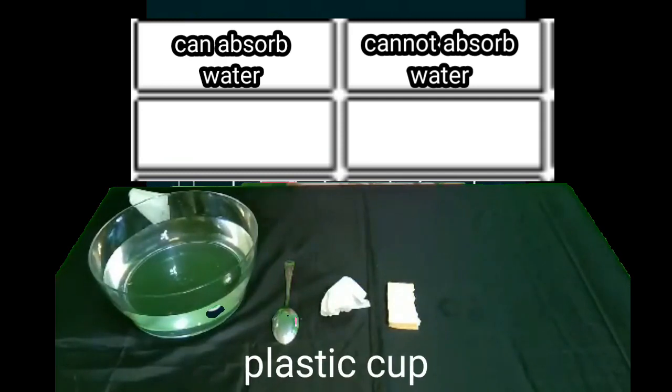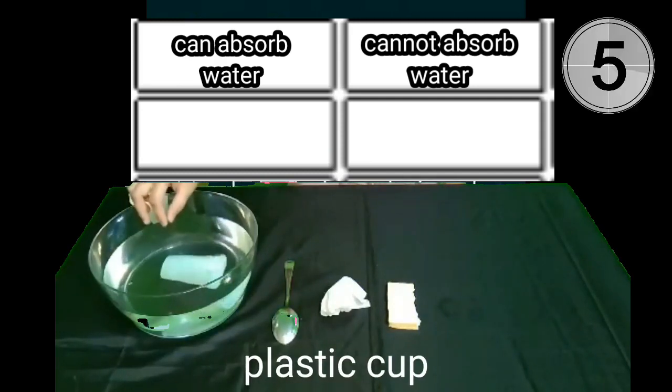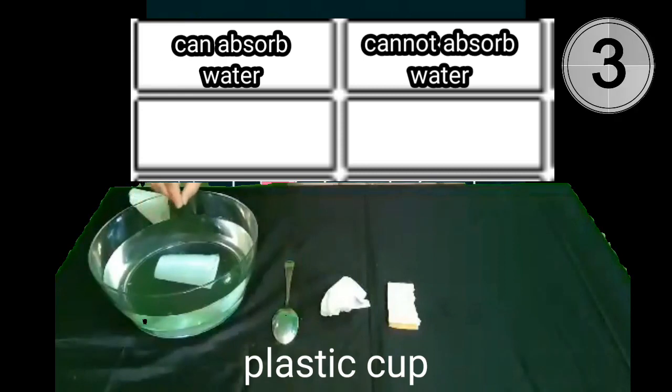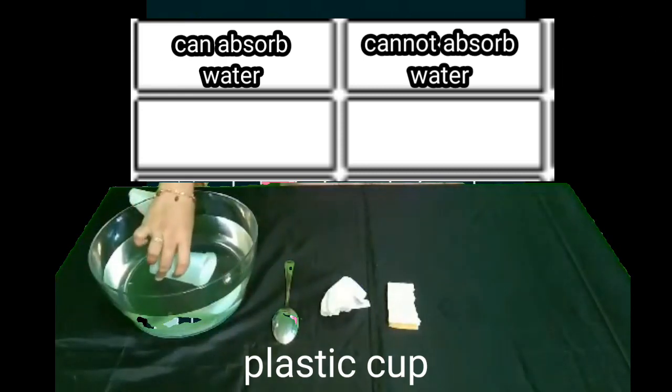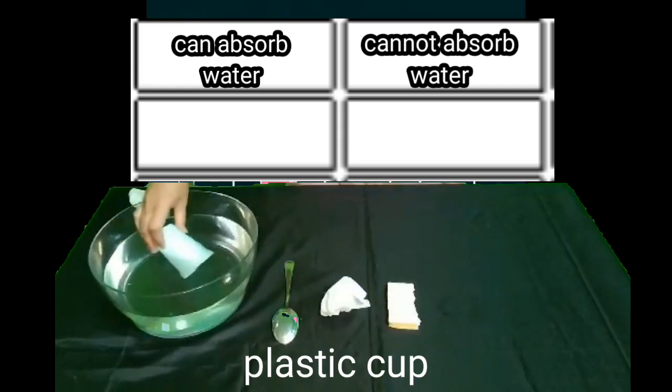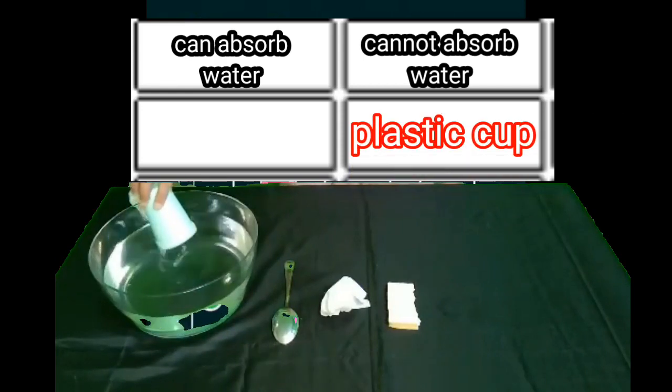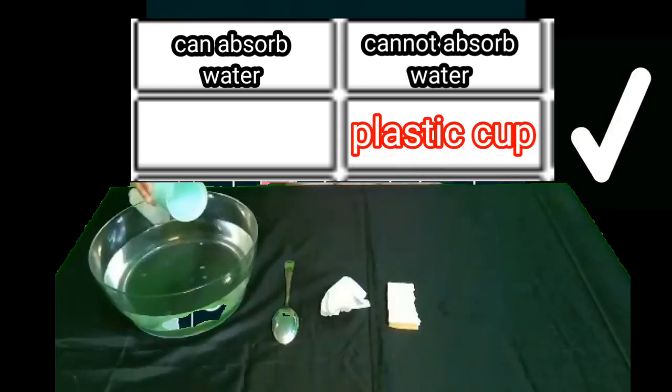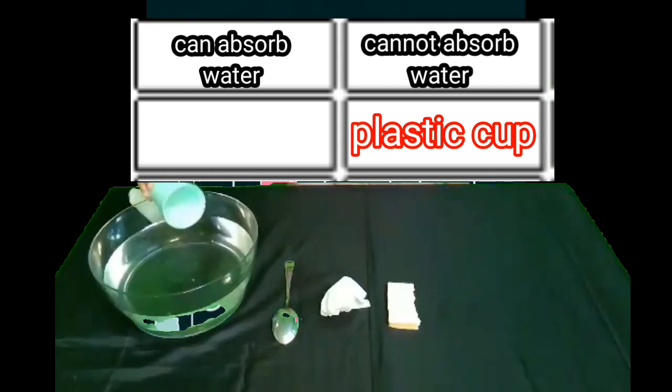Plastic cup. If you have written plastic cup under the column cannot absorb water, you are correct. A plastic cup does not absorb water. It has no pores. That is why it does not have a special property called porosity.